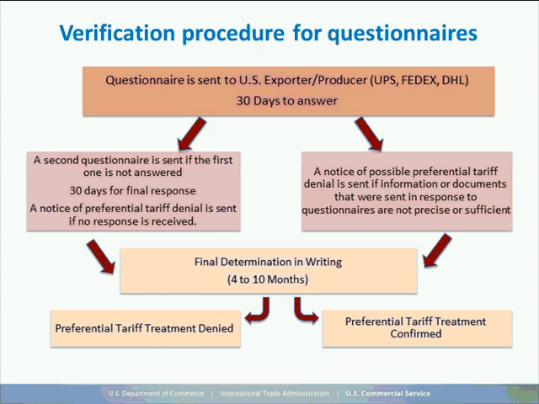So this has caused a lot of trouble because, as you can see there in the graphic, if the questionnaire is not answered, a second questionnaire is sent, and 30 days are given for a final response. Also, in this case, a notice of preferential tariff denial is sent if no response is received. From the 100% of questionnaires that are sent, the Mexican authorities say that 40% answer, 60% do not answer.